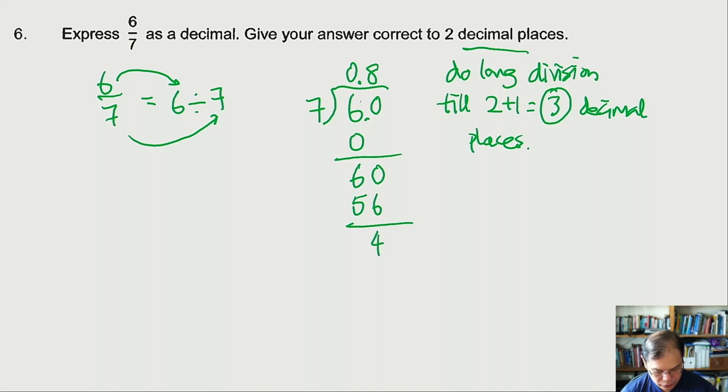Okay, 4. 0. 5, 35. Okay, let me write my 0 properly. Okay. 7.